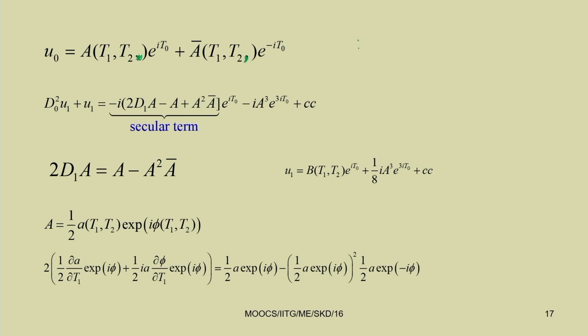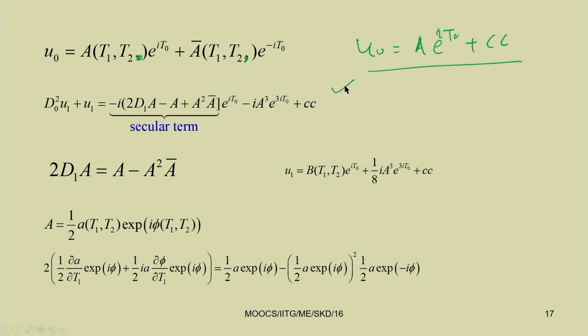Sometimes we write u0 equal to A e to the power i T0 plus cc, the complex conjugate; instead of writing complex conjugate, you can write both terms also. Then substituting this u0 in the D0 square u1 plus u1 equation, we get this one.